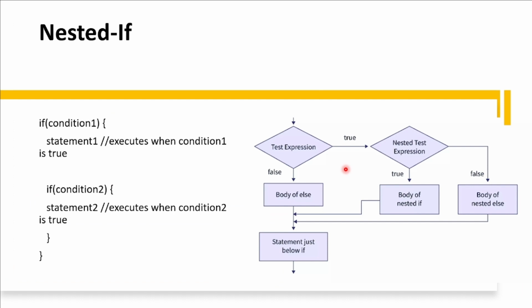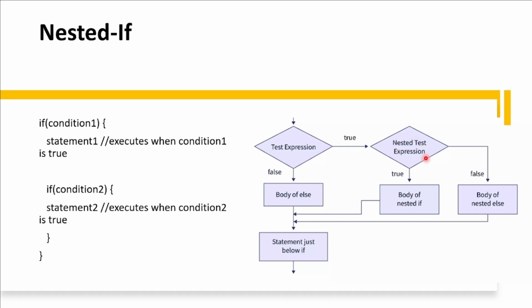Then we have the nested if condition. It contains an if condition inside another if statement. When we get some condition, if it is true, then we will jump into the block of the if condition, where we provide another if and else statement.